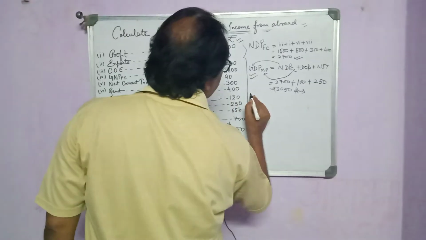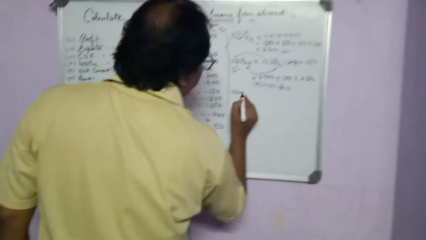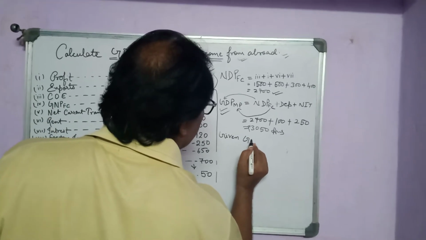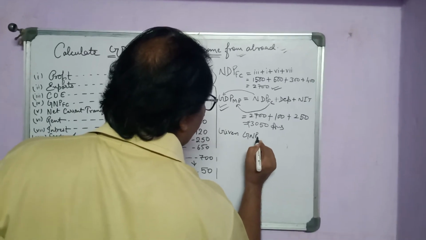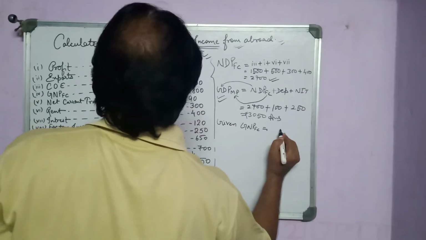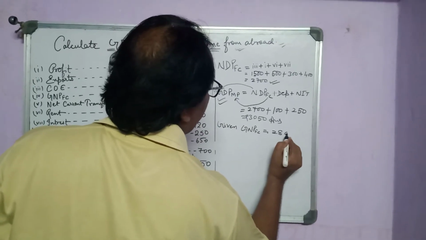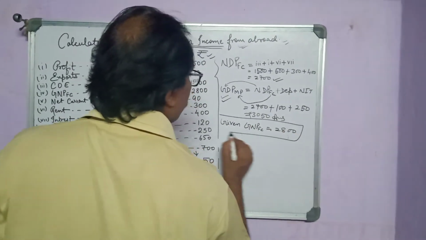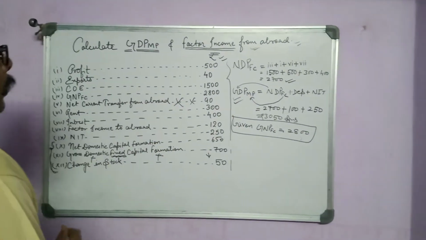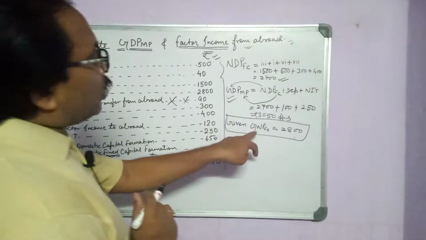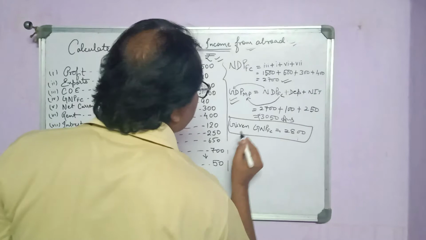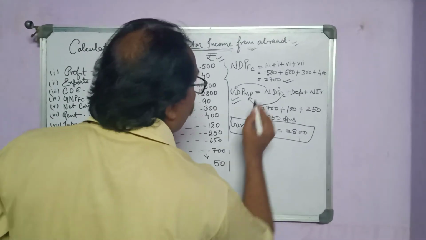Given GNPFC is equal to 2800. That is already given. Now first of all we also have to calculate GNPFC. How can we calculate it?